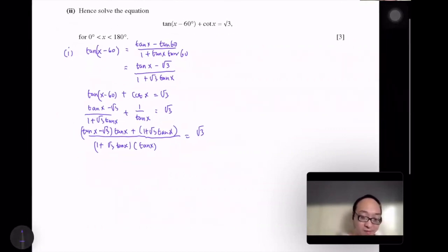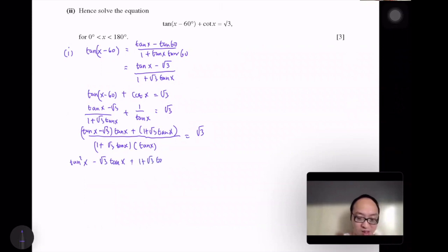Simplify. We can simplify it to tangent squared x minus root 3 tangent x plus 1 plus root 3 tangent x equals, cross multiply, root 3 times tangent x, 1 plus root 3 tangent x. So we can cancel this.